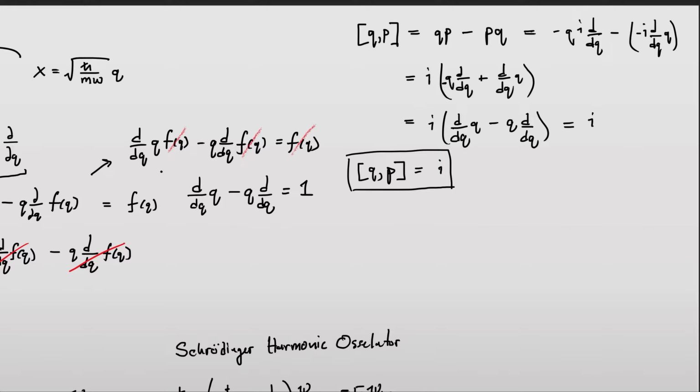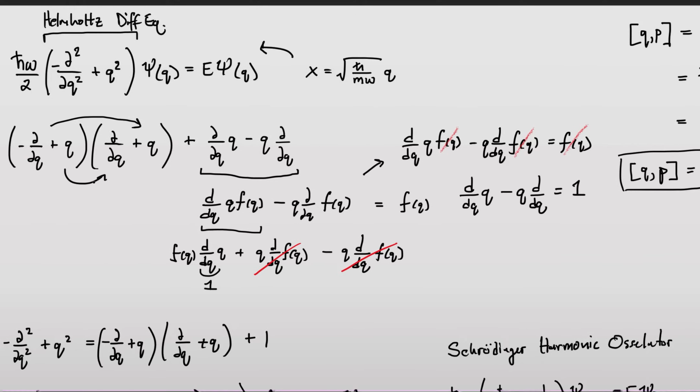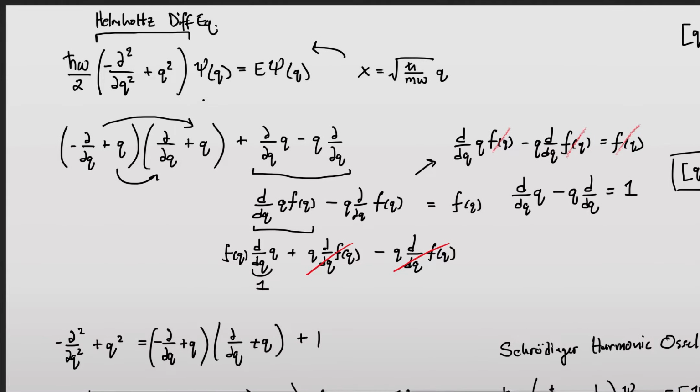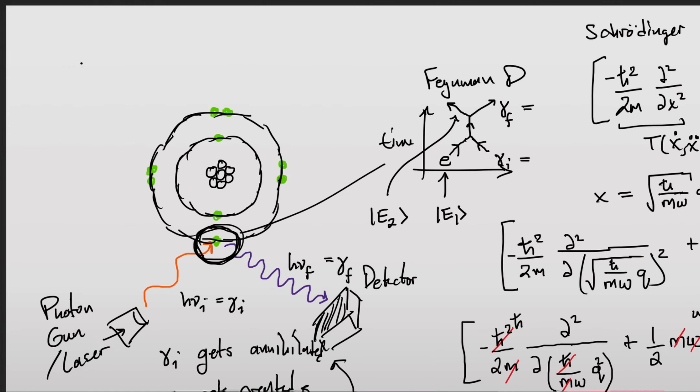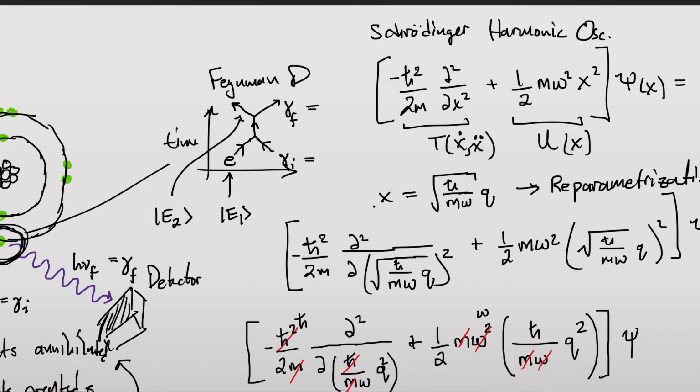And so we can review. Let's review again, because I'm not going to shy away from repeating myself. We went from Schrodinger to Helmholtz by doing this reparametrization.